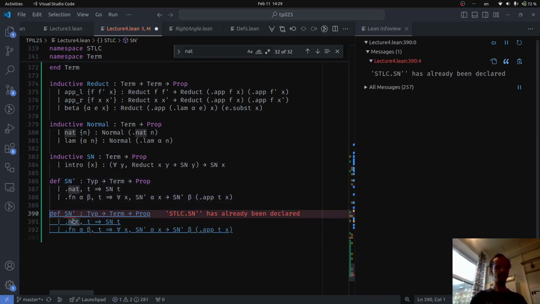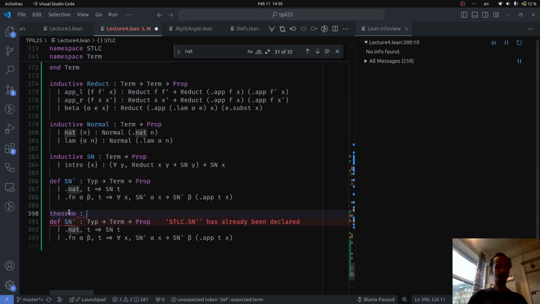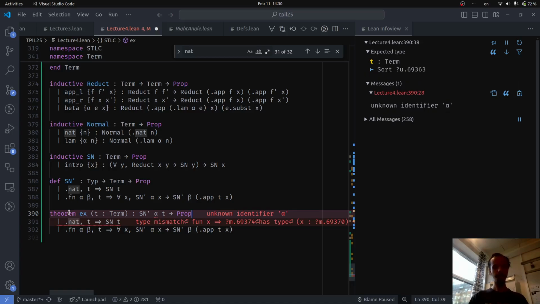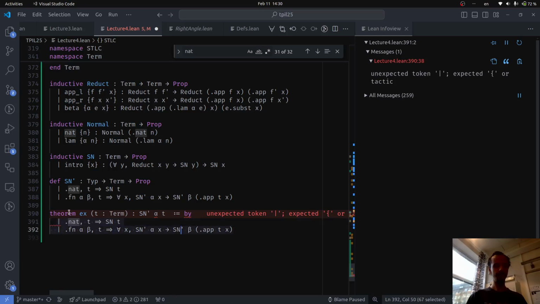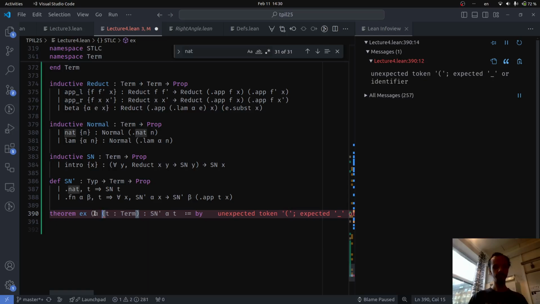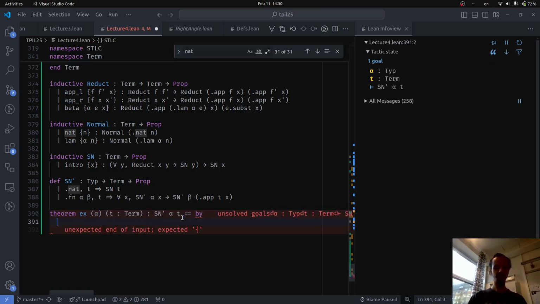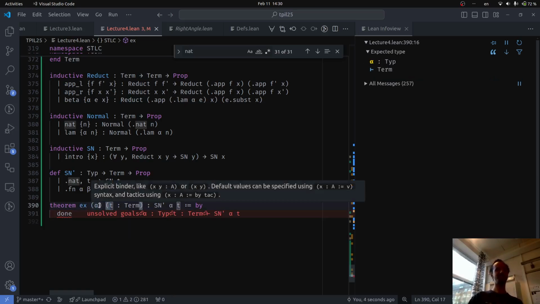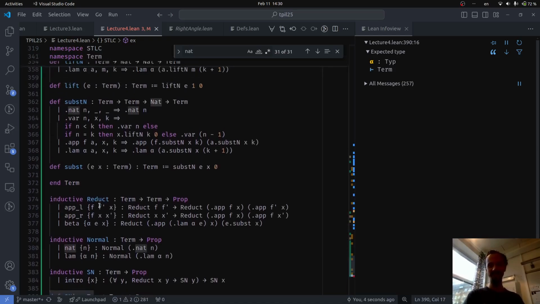And now I want to prove that... this is the part where I cheat and check the math book, because I have been making things up as I go along.